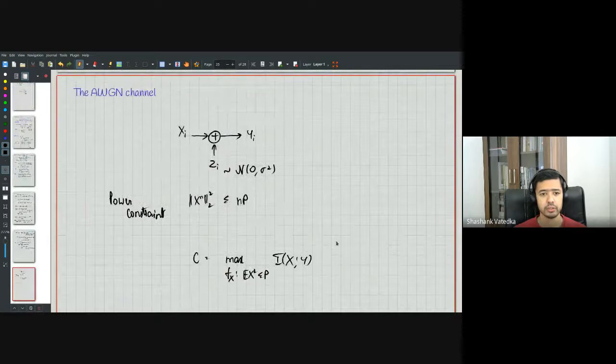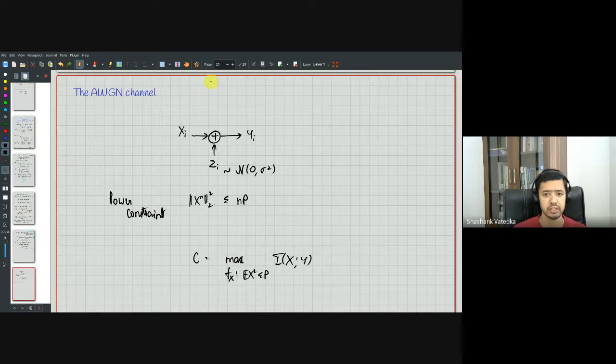All right. So let's look at the power constrained AWGN channel. The channel is given as follows. If you have n channel uses, then the received sequence Y^n is equal to the transmitted sequence X^n plus some noise vector Z^n, where Z^n has IID components and they're all Gaussian with mean 0 and variance sigma squared.